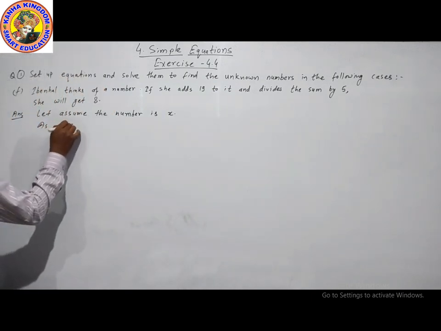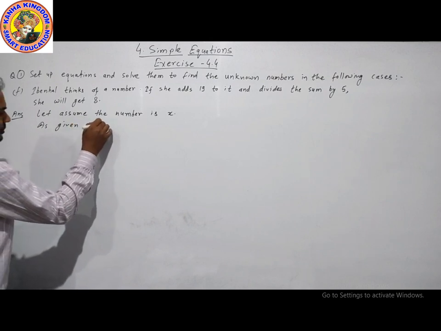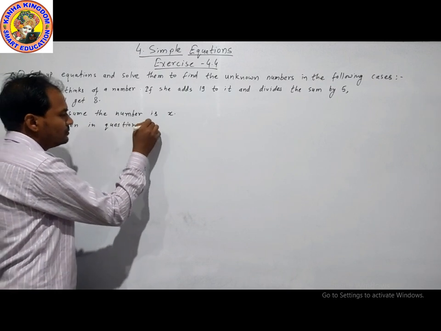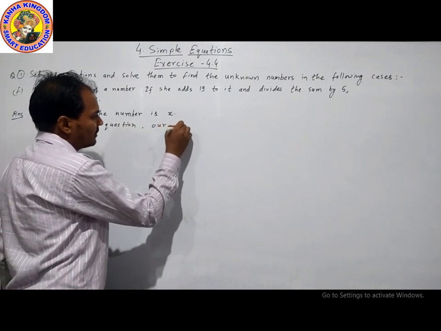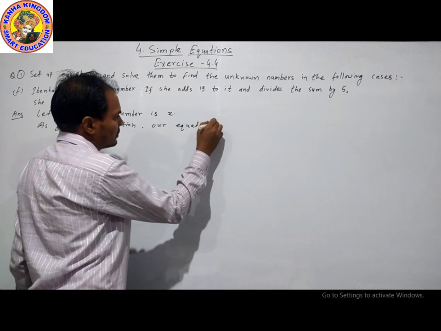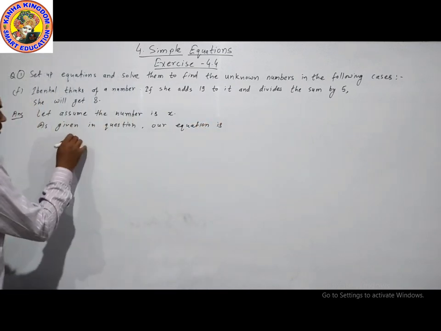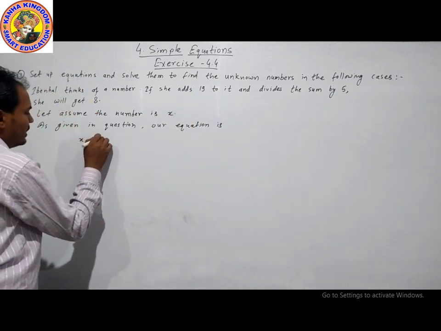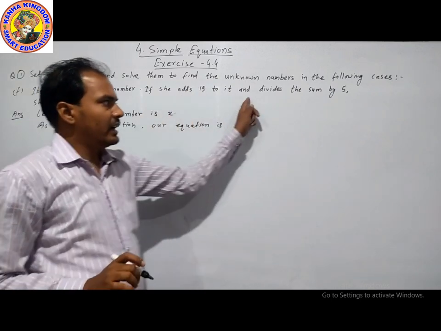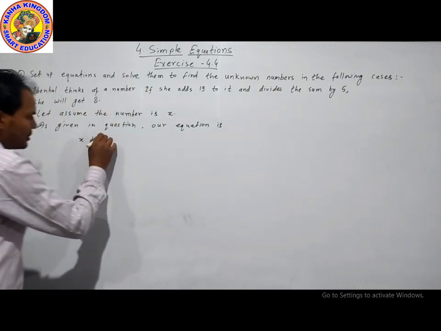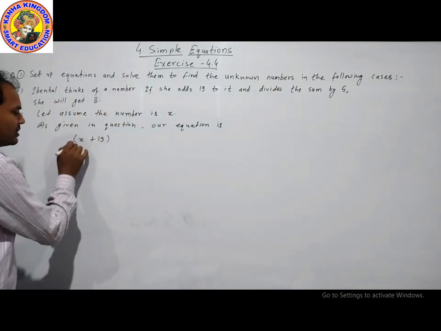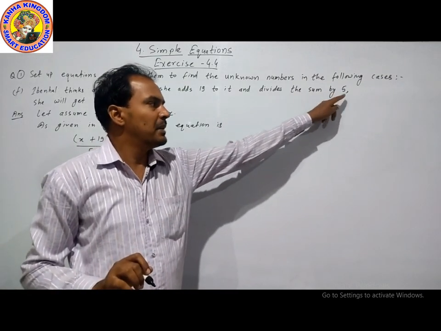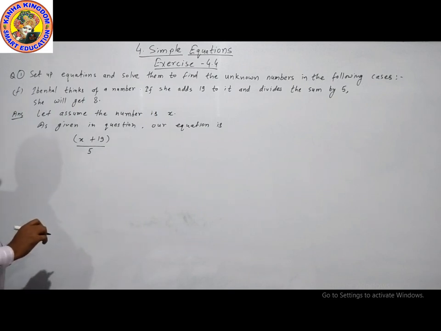As given in the question, our equation is: the number is x. Now she adds 19 and divides the sum. This is our sum, which is divided by 5. She divides the sum by 5, so we will divide by 5.